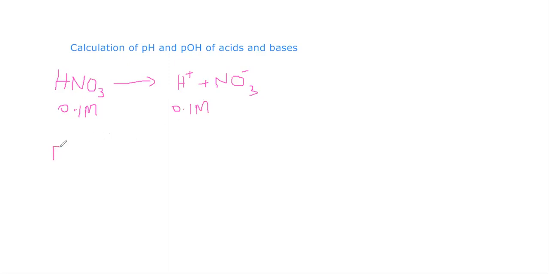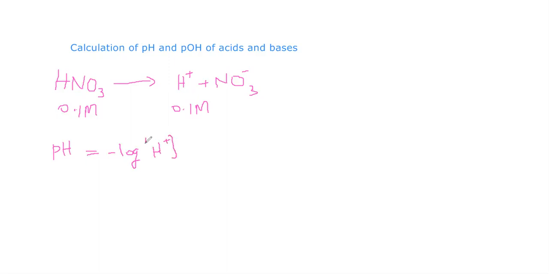The pH, the potential of hydrogen or the strength of the hydrogen, is written with a small p and a capital H, and it is equal to minus log of the hydrogen ion concentration.